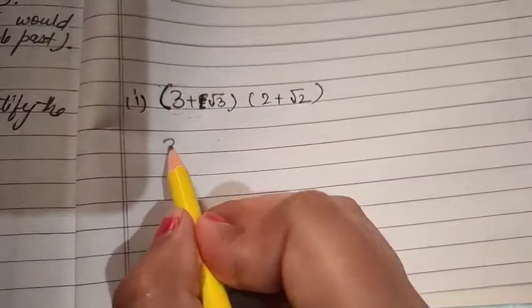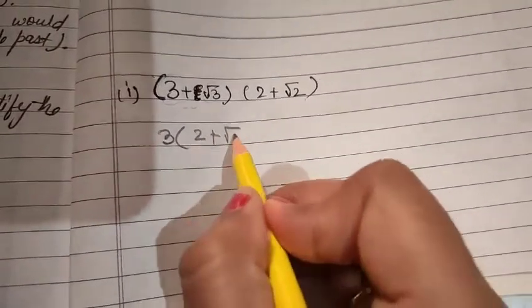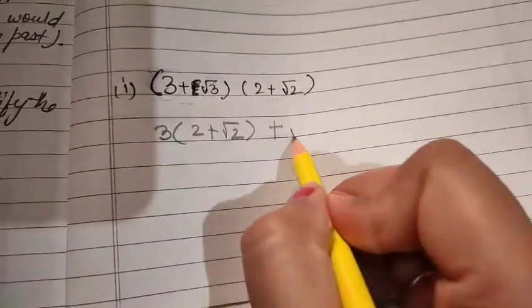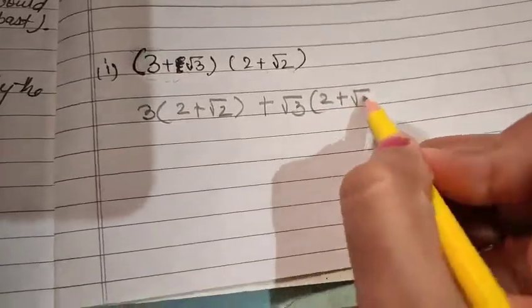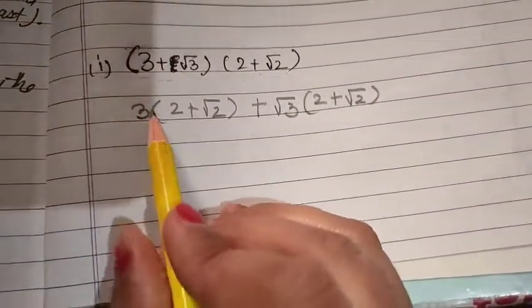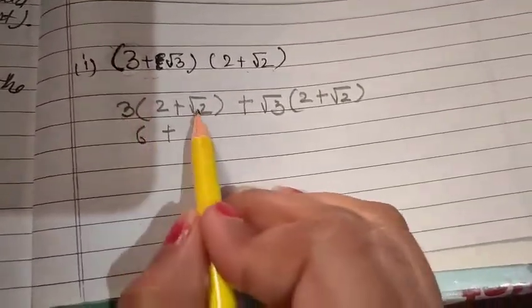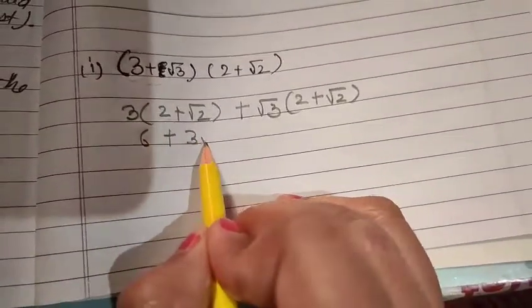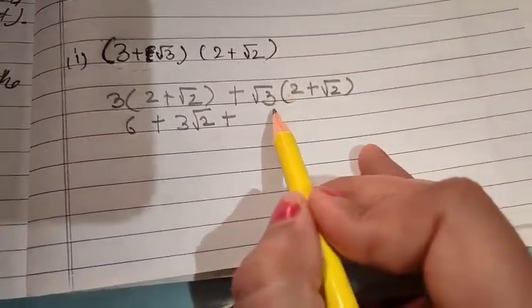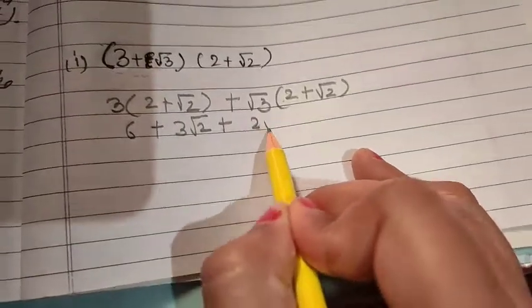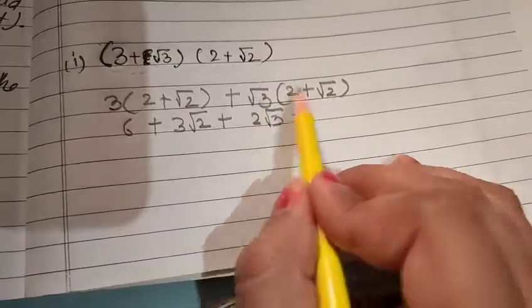So let's proceed. 3 multiply 2 plus root 2, plus root 3 multiplied with 2 plus root 2. So what we will get, 3 multiplied by 2 is 6, plus 3 multiplied by root 2 will be 3 root 2, plus similarly root 3 multiply 2 will be 2 root 3, and look, these two are irrational.